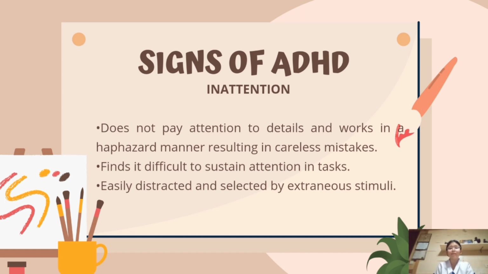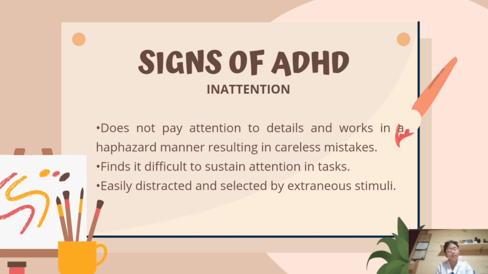Second, finds it difficult to sustain attention in tasks. Since we are focusing on attention, it is expected that the child here finds it difficult to give attention towards his or her task, and is easily distracted and seized by extraneous stimuli.